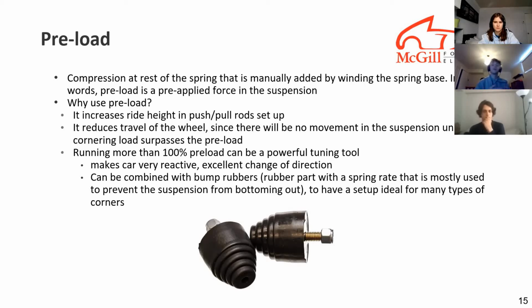Then once we break the preload in mid-speed corners, we'll have the compliance of the main spring that we selected. And then once we are in high-speed corners where there will be a lot of downforce, we'll be using the spring rate of the bump rubbers. That is a very powerful tool to tune the car.